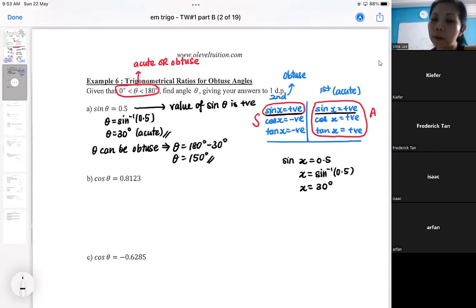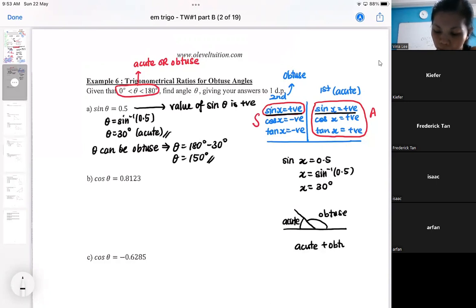So hopefully you remember that there's a relationship between the acute angle and the obtuse angle. Remember I gave you a relationship here. If this is an obtuse angle, then the side by side will be the acute angle, which also meant that the acute angle plus the obtuse angle will be 180 degrees.